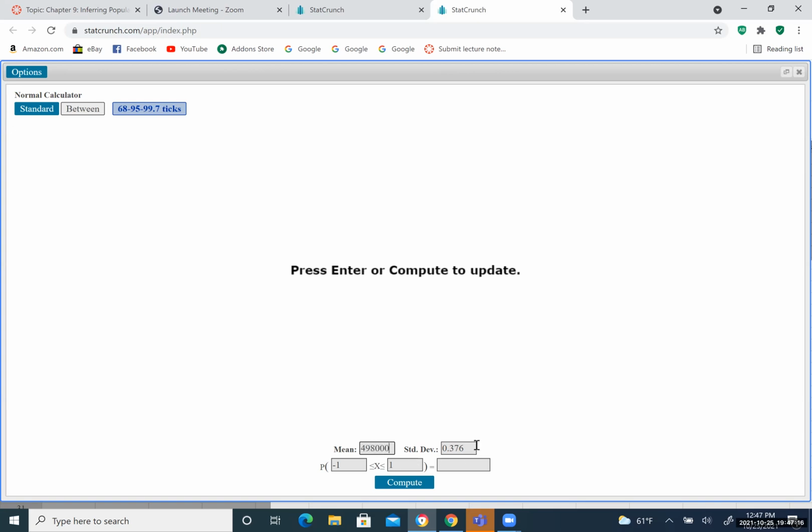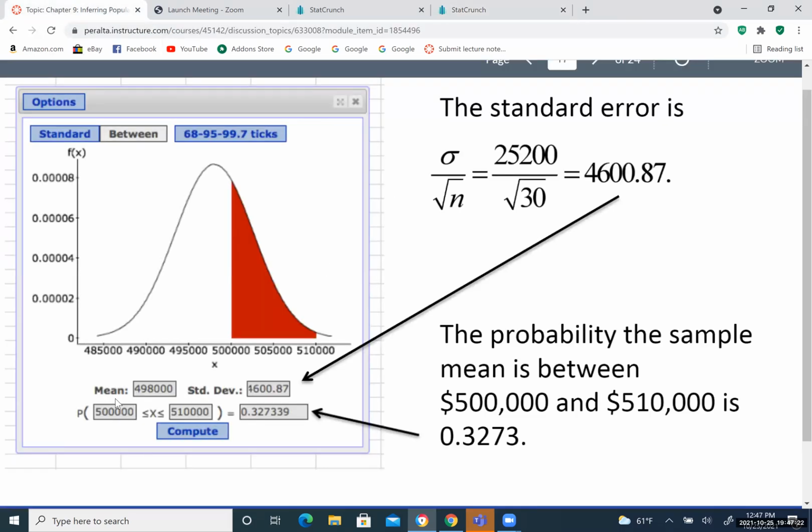498,100. And this value is from 4600.87.